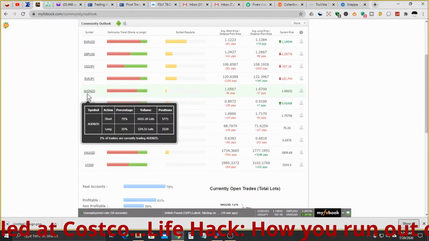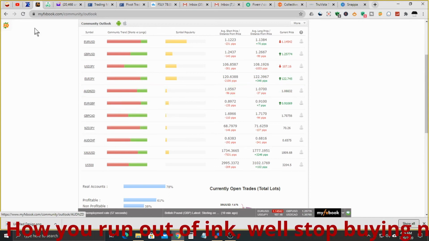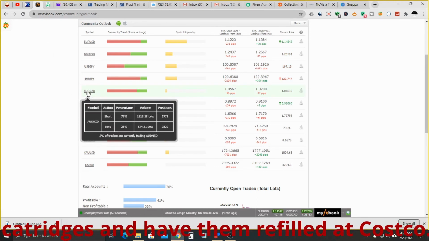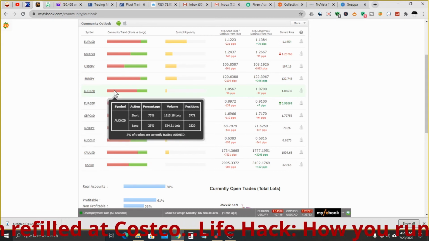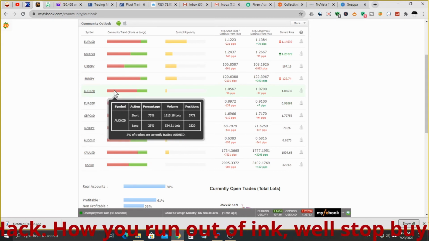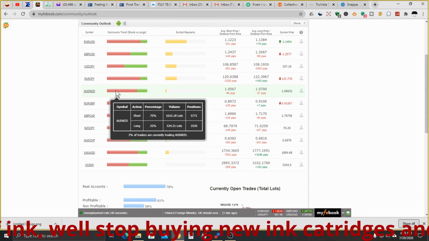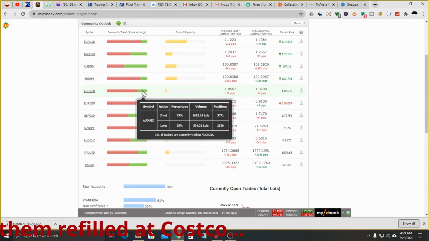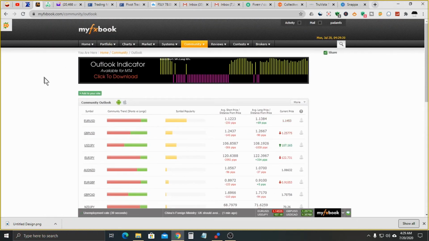Over here on the sentiment, which is something that I use, it says that the retail traders are 75% short and only 25% are long. This is on FX Book.